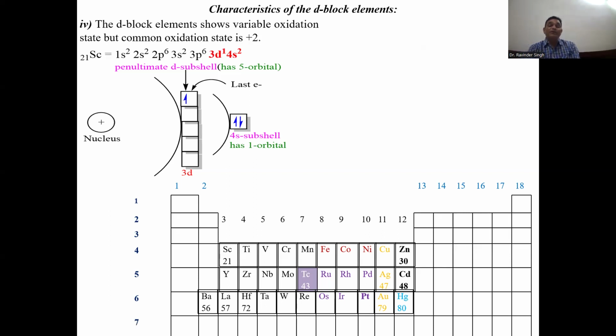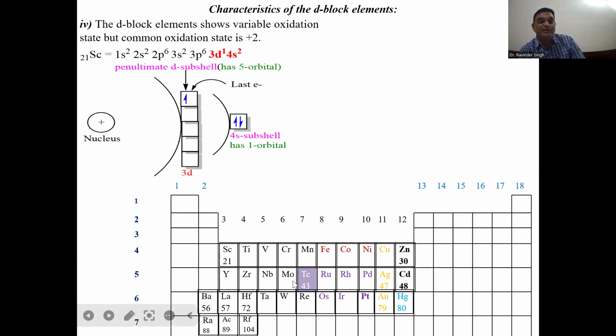You have heard the name of tungsten? Tungsten filament, bulb filament, rhenium, osmium, iridium, platinum, gold, and mercury, that is the liquid metal here. So these are the elements of the third transition series. You can see the first transition series, scandium to zinc, the second transition series, yttrium to cadmium, and the third transition series, lanthanum to mercury.